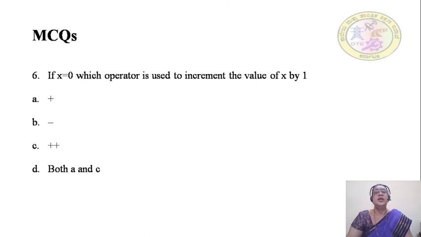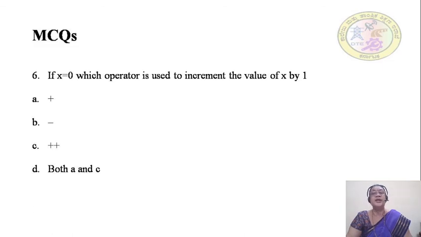Next question: if x is equal to 0, which operator is used to increment the value of x by 1? A plus, B minus, C plus plus, D both A and C. The value of x is 0. I want to increment the value of x by 1.